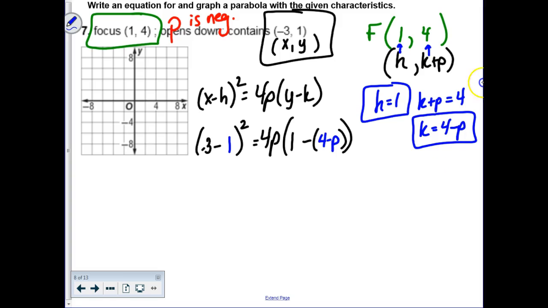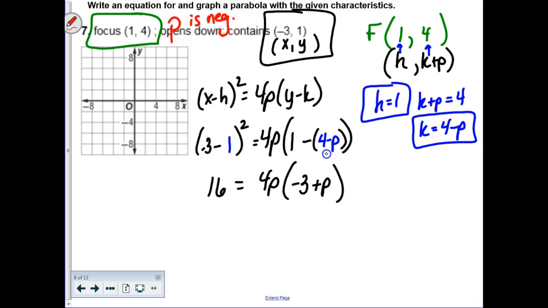All right, so a little bit of cleaning up. I'm going to show you a little shortcut though. -3 minus 1 is -4. -4 squared is 16. Leave the 4p for a minute. 1 minus 4 is -3. And then careful with the double negative. You're subtracting a negative p, so that's plus p. In the last question we distributed the 4p, and then we were like, yikes, a quadratic, and then we had to divide and clean it up.